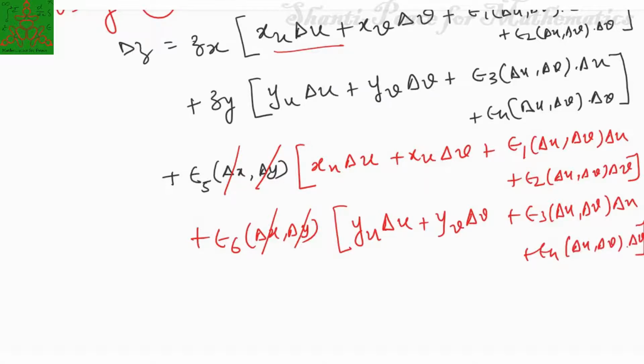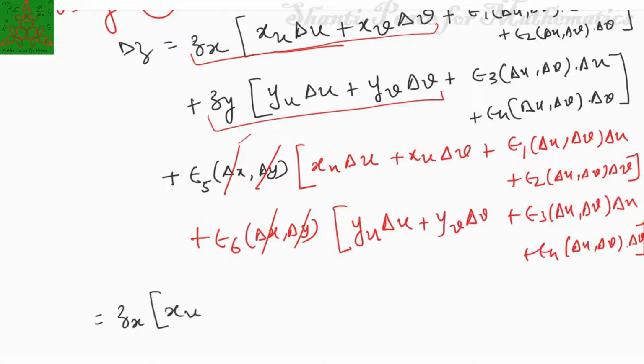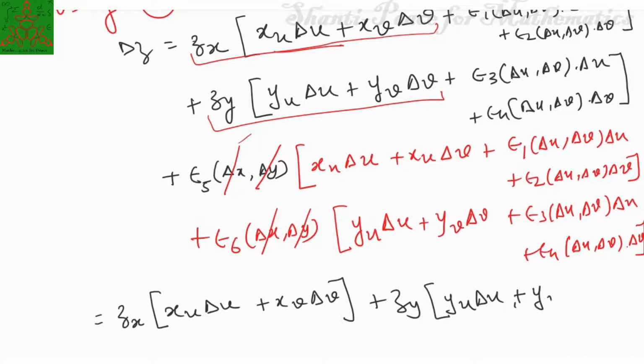Now this whole quantity I may write down by taking this quantity together and this quantity together. We may write this as zx into xu delta u plus xv delta v, plus zy into yu delta u plus yv delta v.